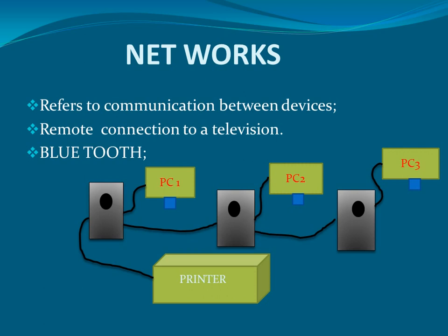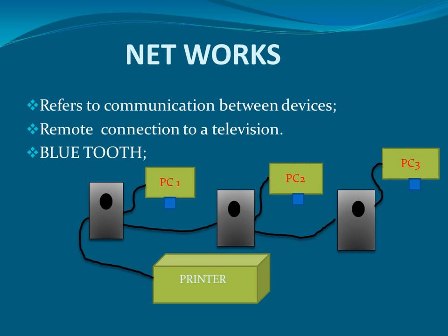The communication between devices, it doesn't matter which type of devices, whether printers. If you have one computer connected to a printer and to a photocopier, that is a full network. If you have your phone connected to your speaker, and you use the phone to play music, that is a full network.